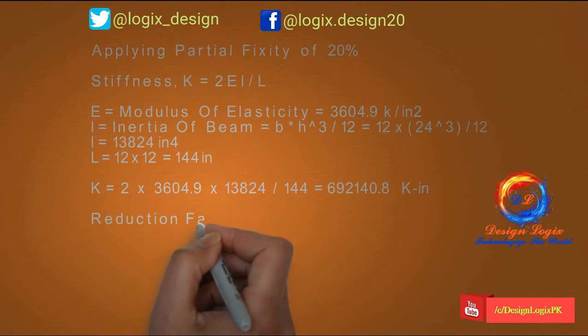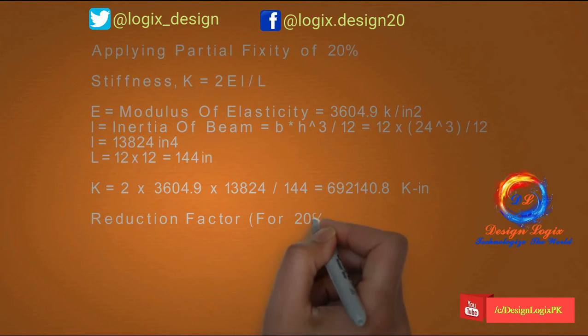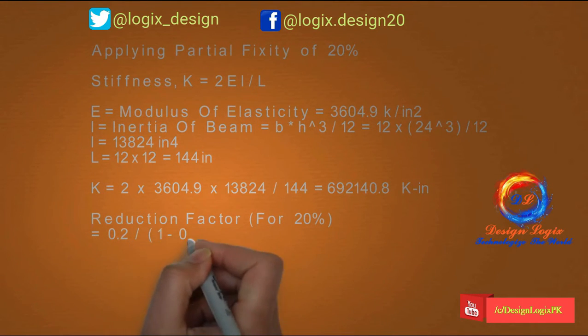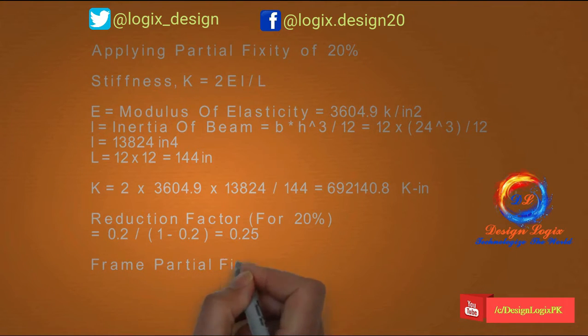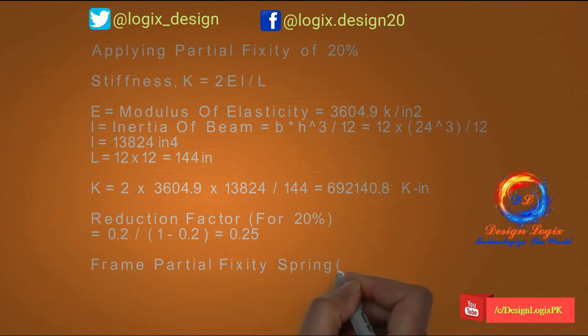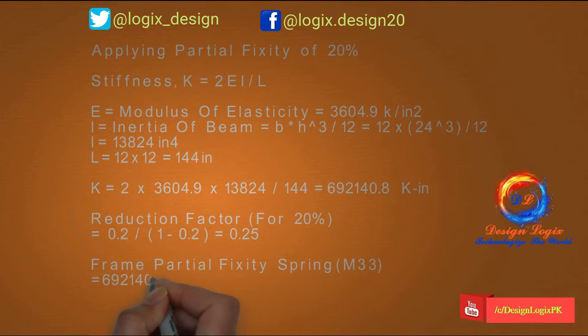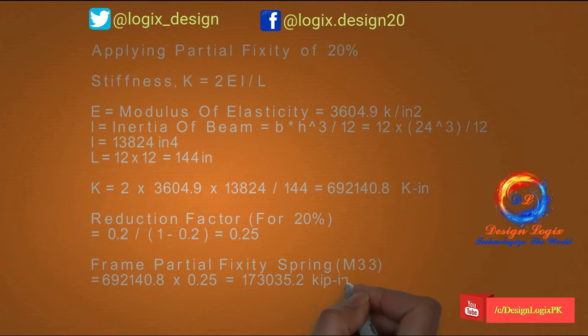692,140.8 kip-inch. Now the reduction factor for 20% is 0.2 over 1 minus 0.2, which is 0.25. For frame partial fixed rigidity, spring M33 is equal to the stiffness of the beam times the reduction factor.